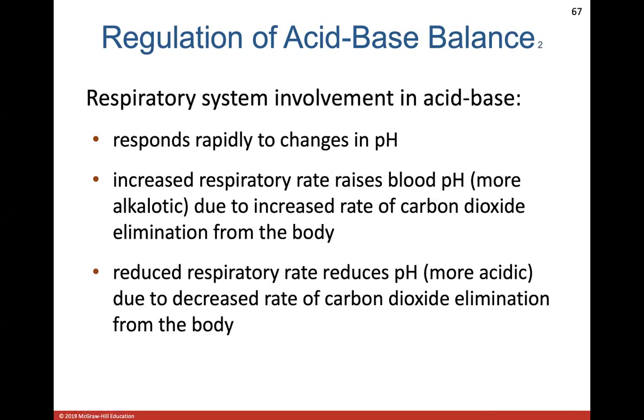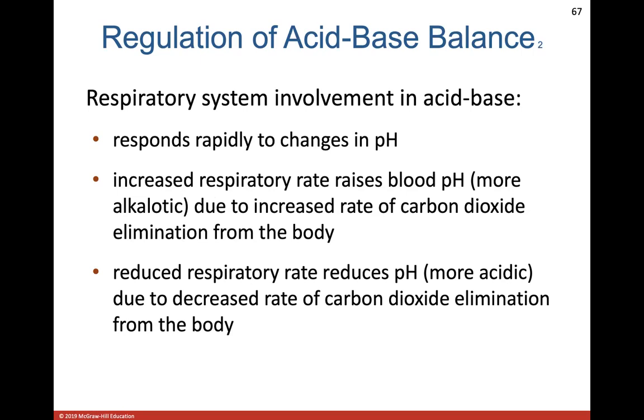The respiratory system is also involved in maintaining acid-base balance because it can respond rapidly to changes in pH. If you have an increased respiratory rate, this will raise your blood pH, meaning it will make it more alkaline or more basic. If your respiratory rate increases and you're breathing a lot, you're increasing the rate of carbon dioxide elimination from the body.